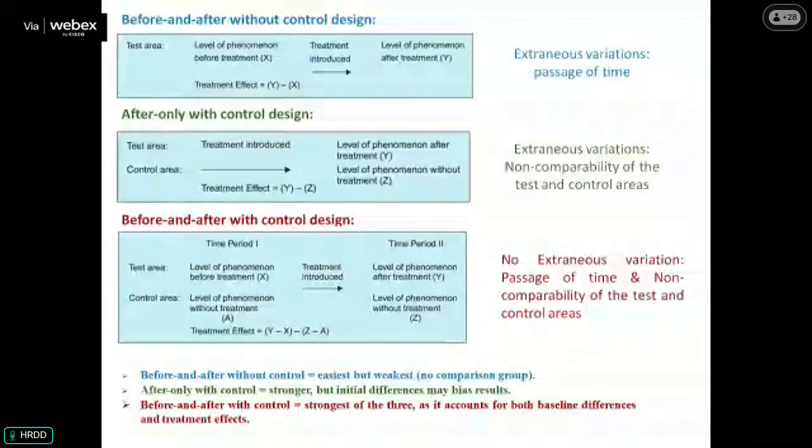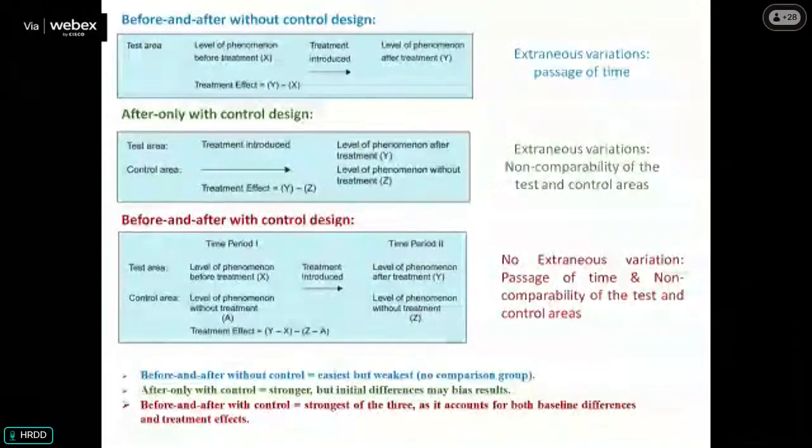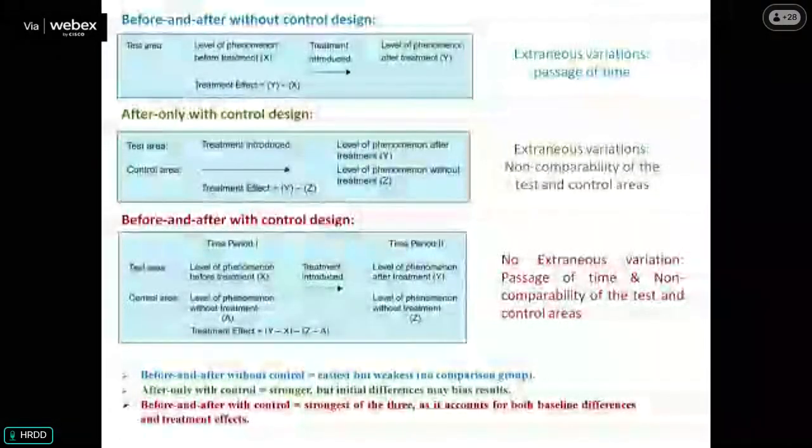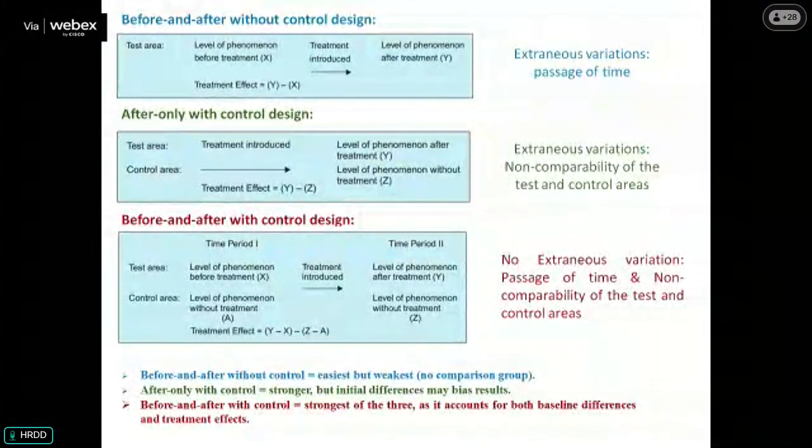So the passage of time effect is removed, but the initial fertility is not accounted for. So for removing that, you have to do before and after with control design. So we have a test area and a control area, and you have to do the before and after treatment measurements. No extraneous variation with the passage of time and non-comparability of test and control area. So both are removed here.